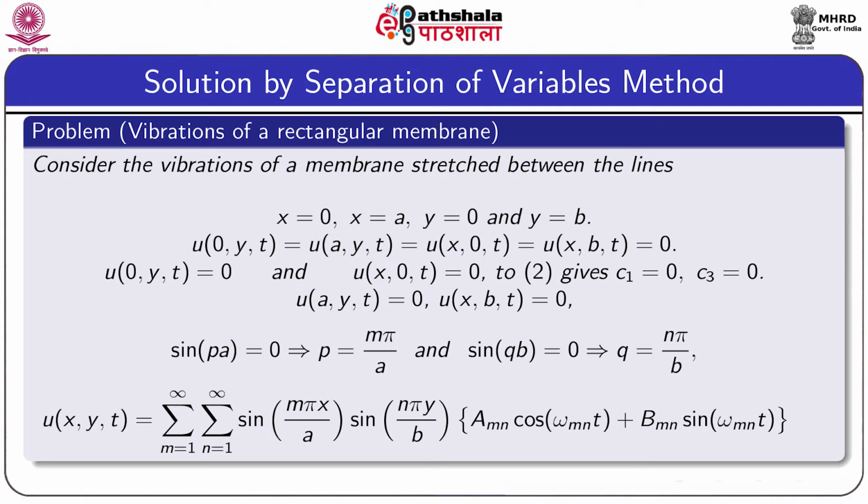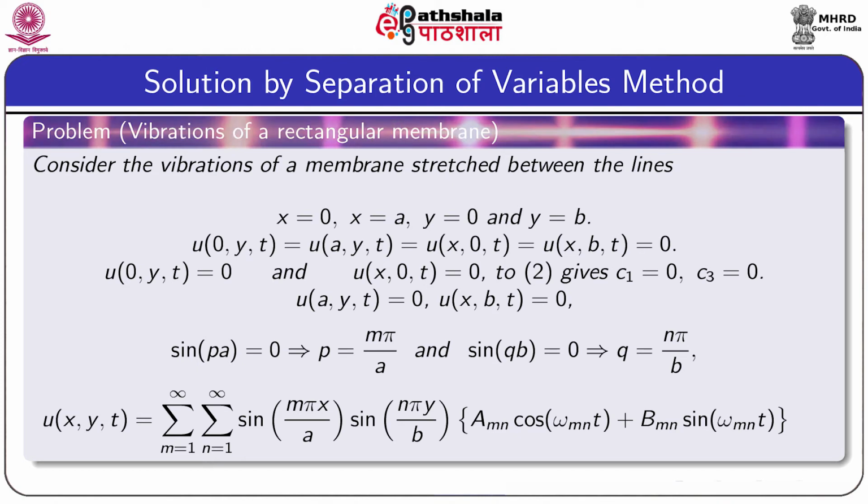So, that is written here, C1 = 0, and if we use the condition u(x, 0, t) = 0, that means if we put y = 0 in solution 2, this gives C3 = 0. So, that is also written here, C3 = 0.